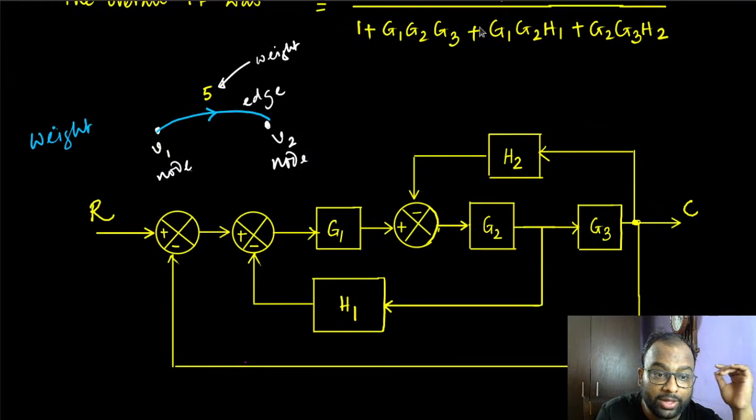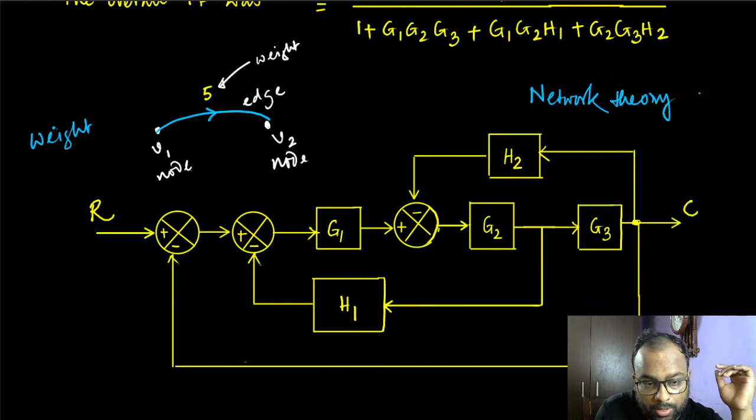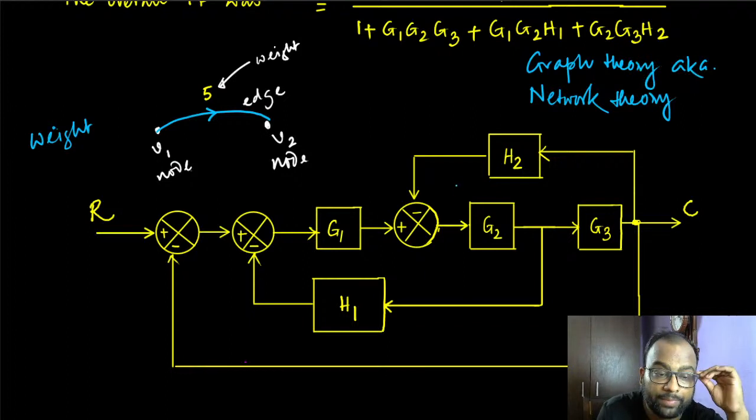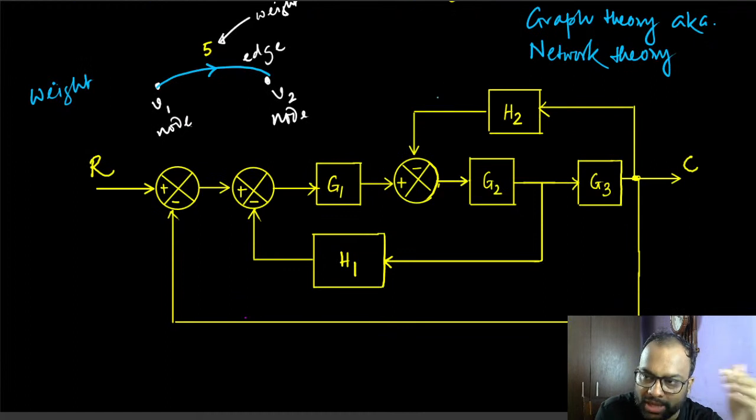Graph theory is also known as network theory. Whenever we use the term network, we essentially talk about nodes and connections between the nodes.